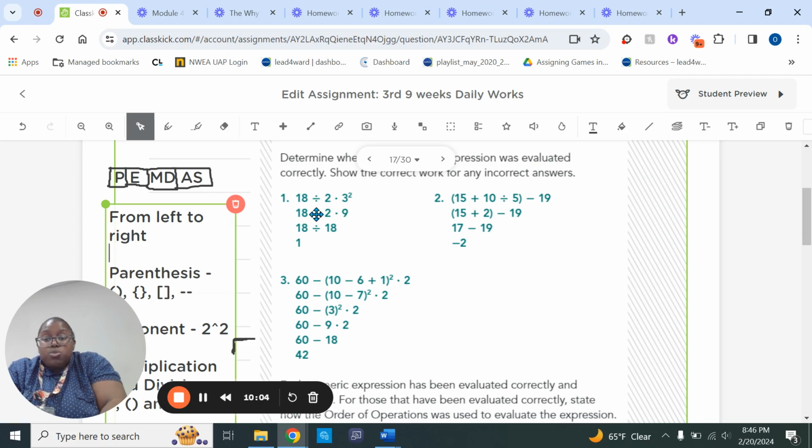But when I get to just division and multiplication, I am going to divide first because I have to do this from left to right, which means division would come first in this, and then multiplication would come afterwards. You do not solve multiplication just because the letter comes first in the order of the initials. It's from left to right. You have to read it from left to right, and the first one you read is the first one you do. When you get here, the same thing. The first one you read is the first one you do.